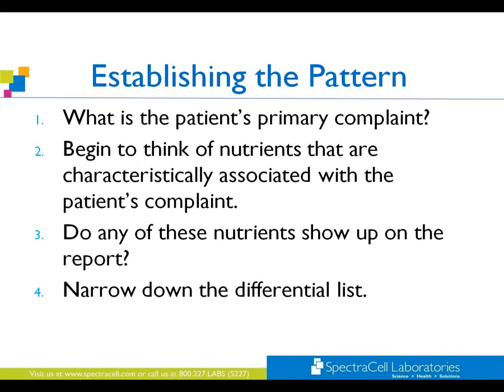If I've got someone who has some type of gastrointestinal dysfunction and I see a glutamine, that's a natural correlation for me. But if I've got someone with blood sugar issues and I see that glutamine, then I'm not quite as inclined to use that glutamine as a first-line intervention.